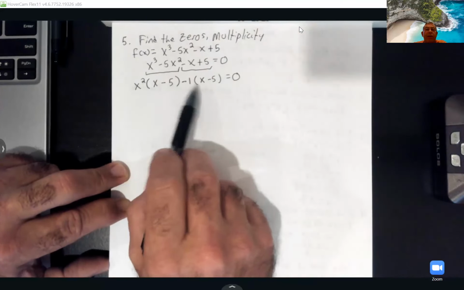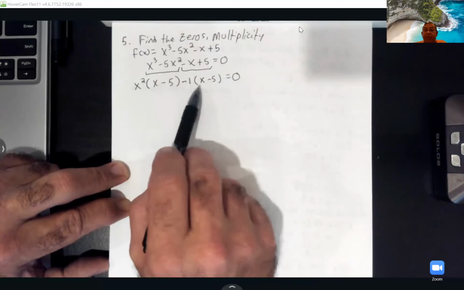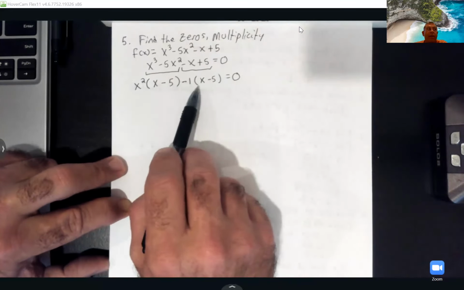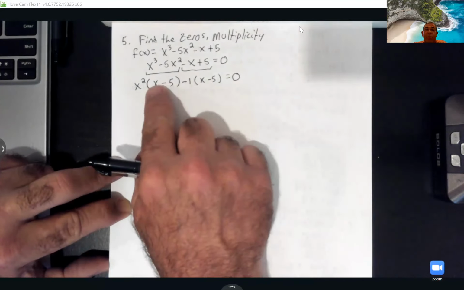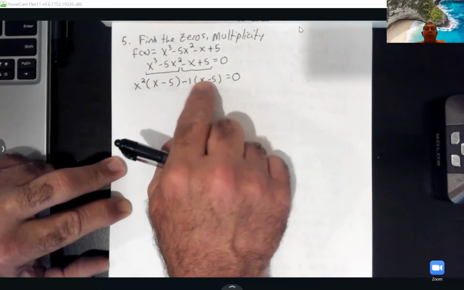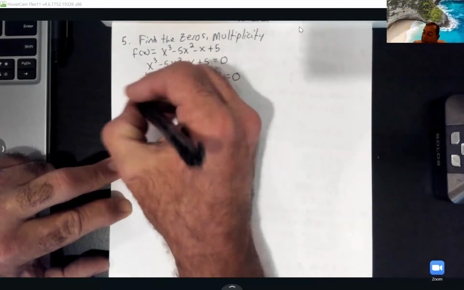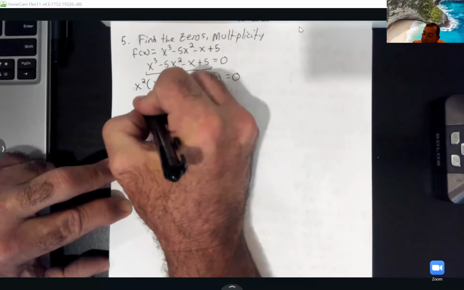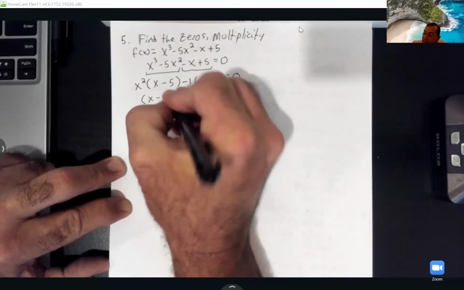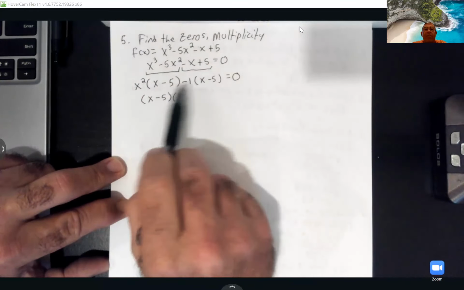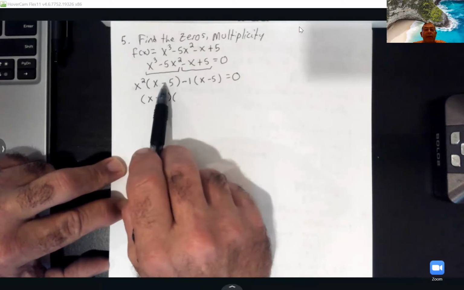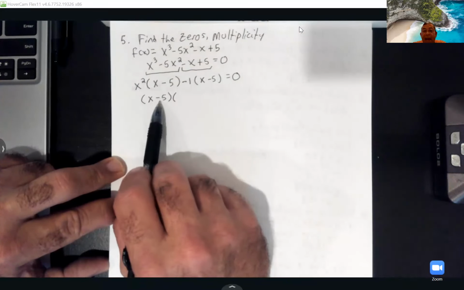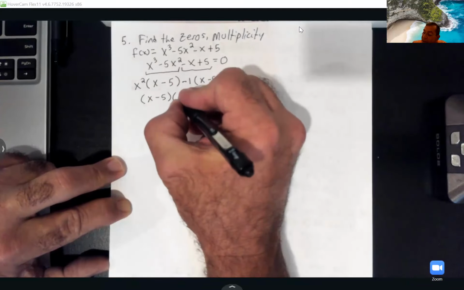But y'all notice these parentheses match now. So we're technically going to factor out another greatest common factor between these 2 terms. And that's going to be the x minus 5. So if we factor out an x minus 5 from both of these, x squared times x minus 5 divided by the x minus 5 will leave you the x squared.